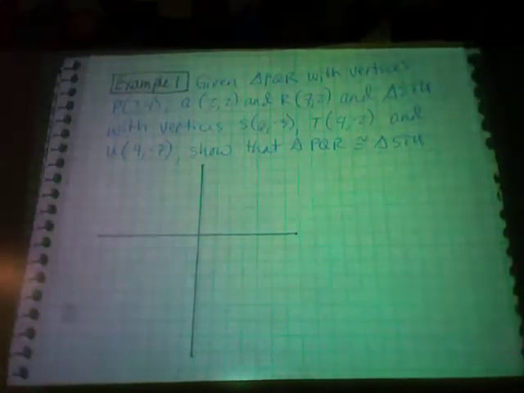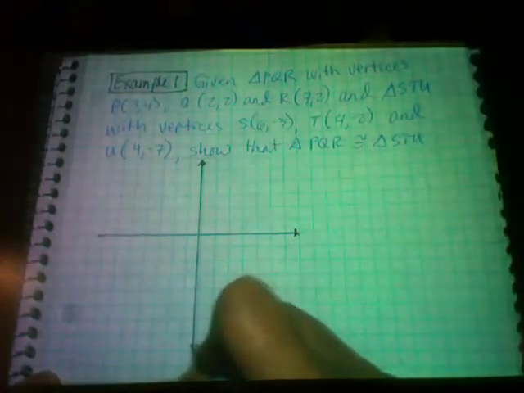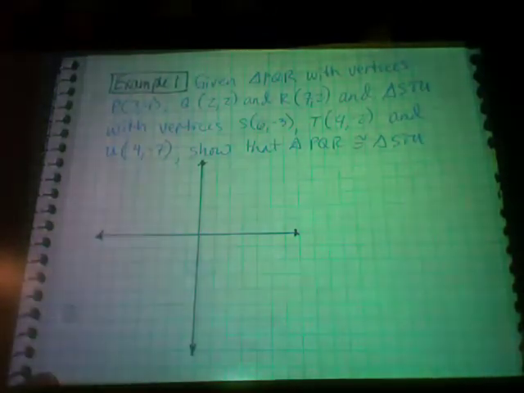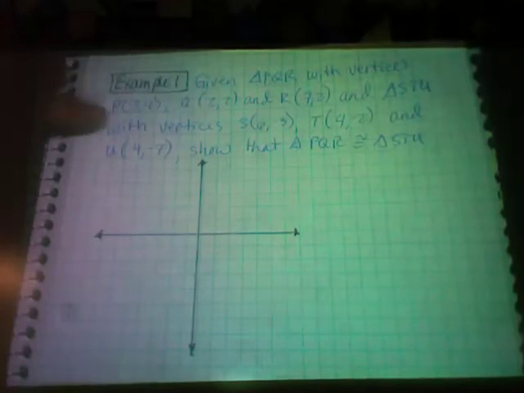So how are we going to find distance or length of a segment on a coordinate grid? You use the distance formula, right? So there's my coordinate grid, and start plotting your triangles.